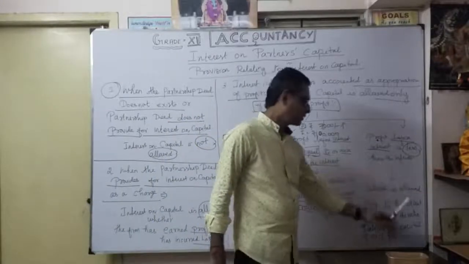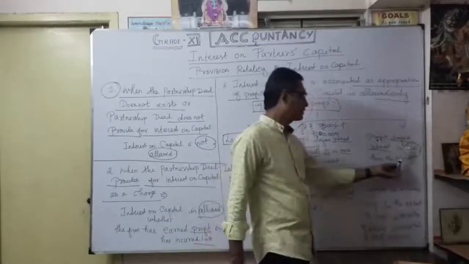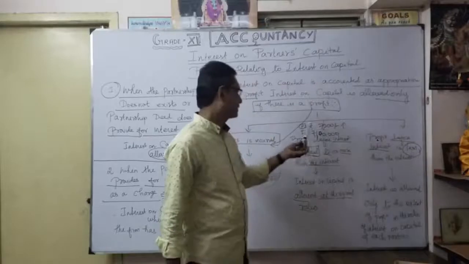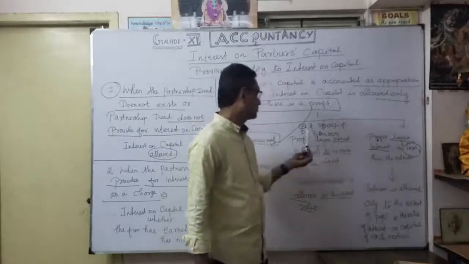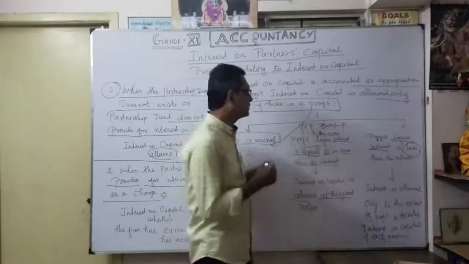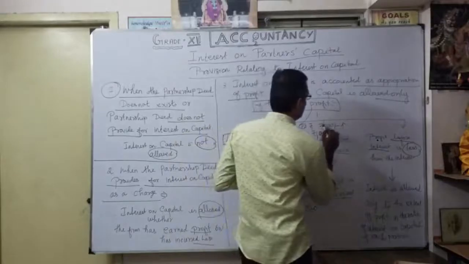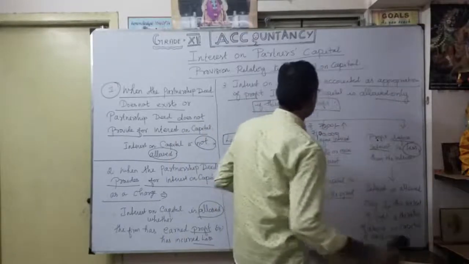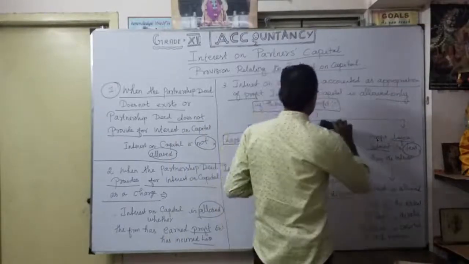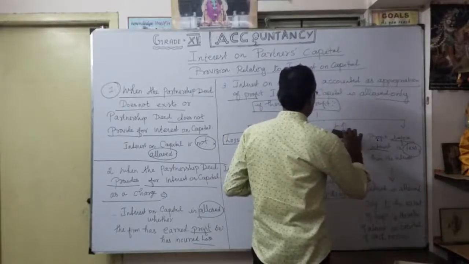Profit before interest is less than the interest. So here interest is 1 lakh, profit is only 70,000. I will make it an example here so you will understand.